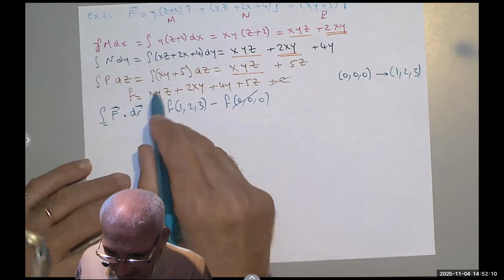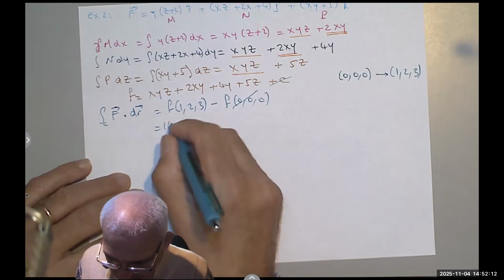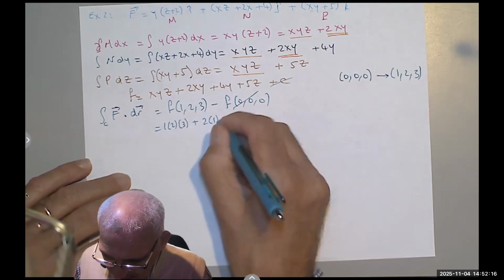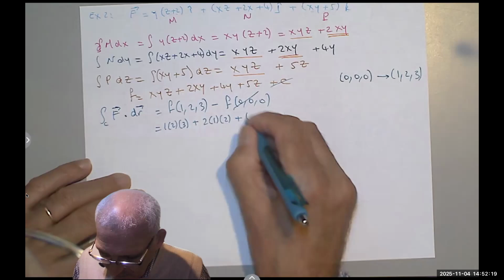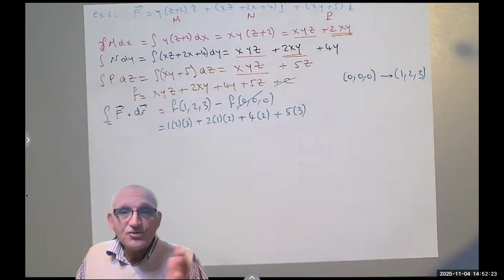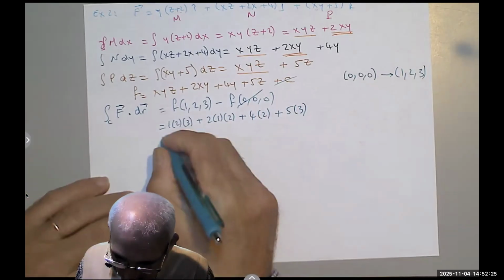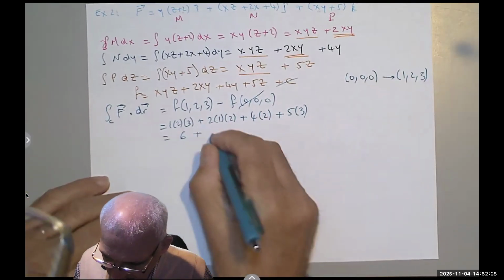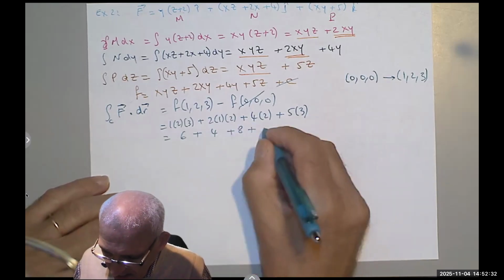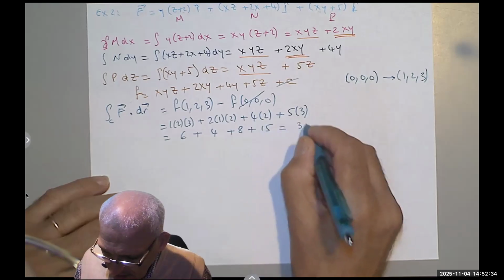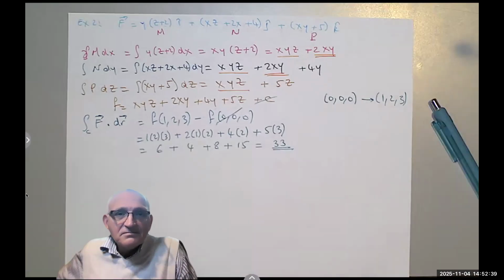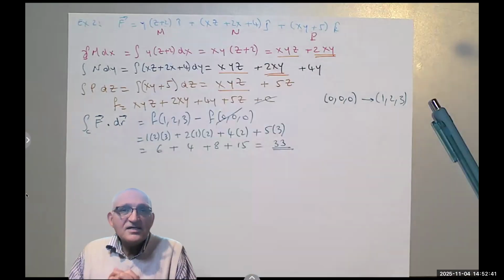I will get 1 times 2 times 3 plus 2 times 1 times 2 plus 4 times 2 plus 5 times 3. And that's the work done. 6 plus 4 makes 10, plus 8 is 18, plus 15 is 33 work units. See how concise the work is?